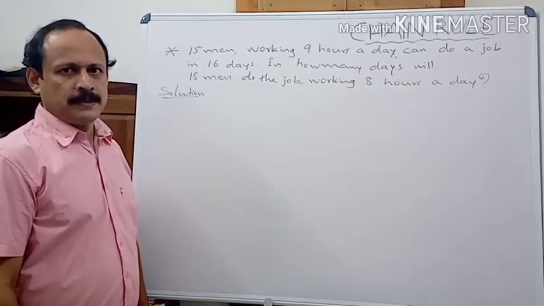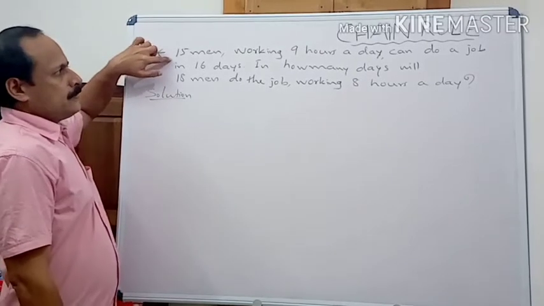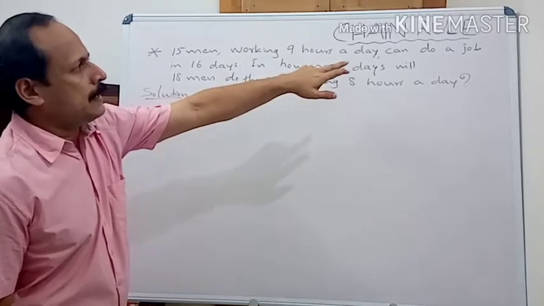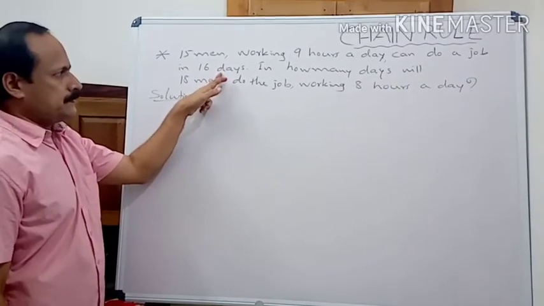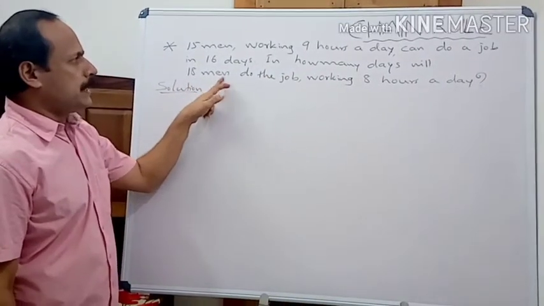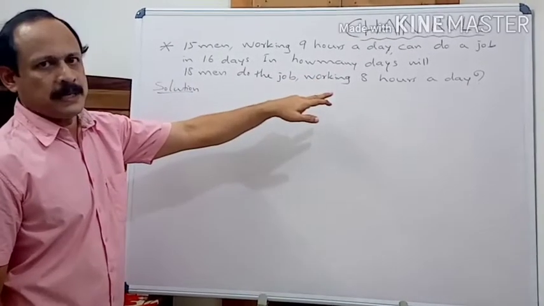Last question. 15 men working 9 hours a day can do a job in 16 days. In how many days will 18 men do the job working 8 hours a day?